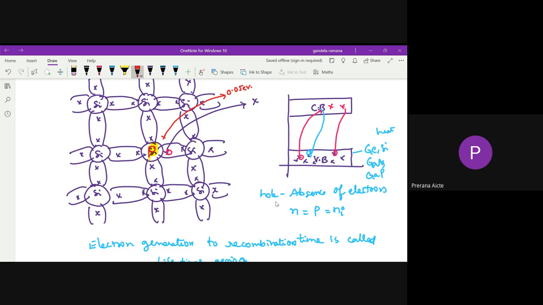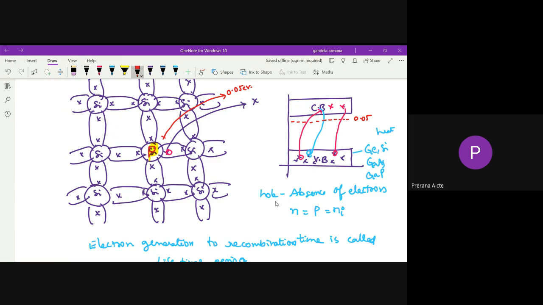When we remove this one, it will not create a hole. It will create a positive charge.